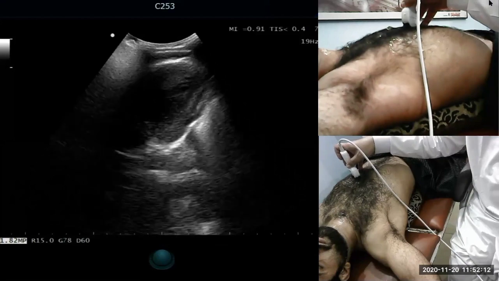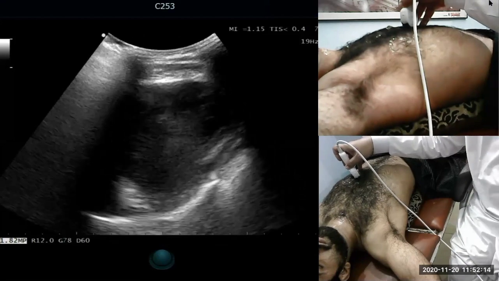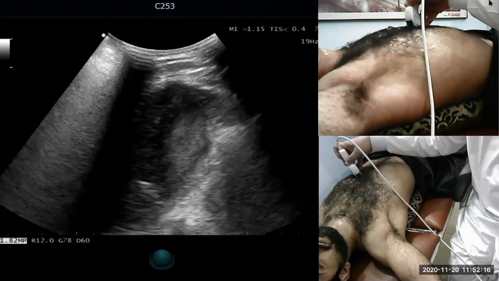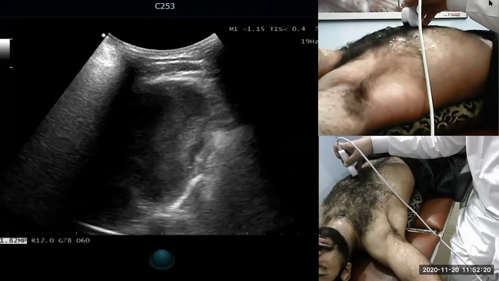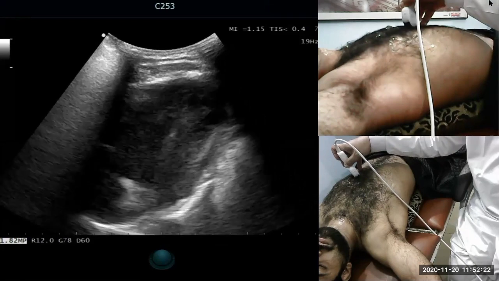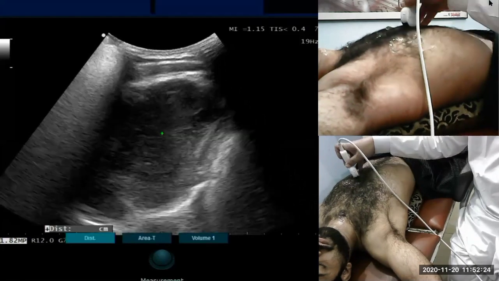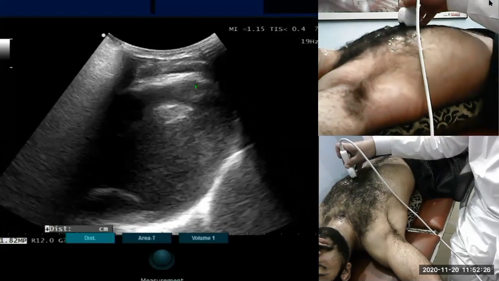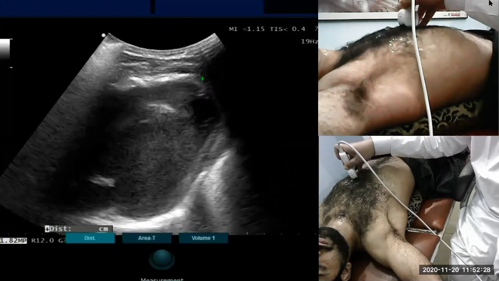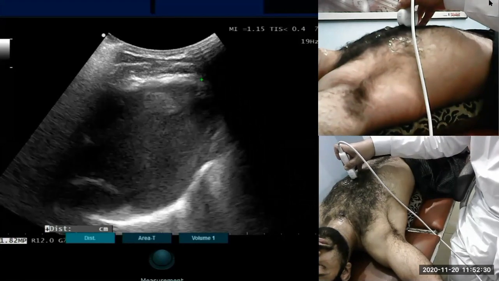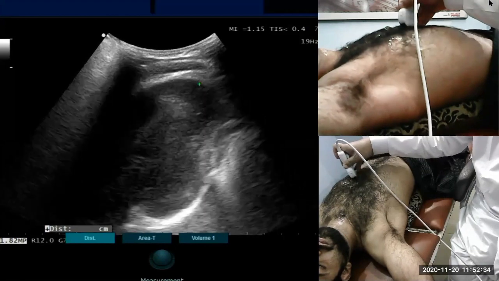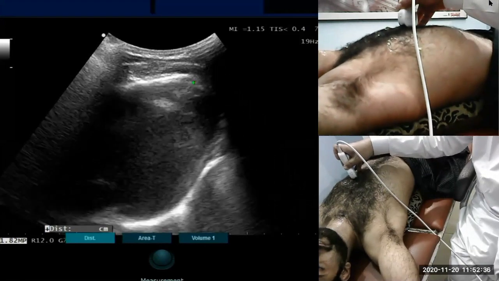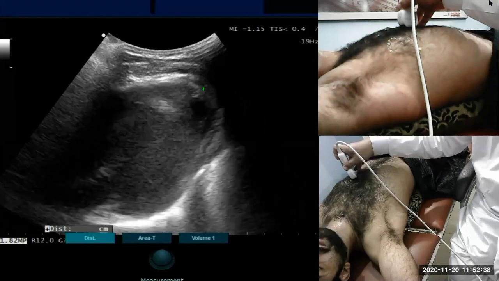I'm enlarging the image for you. So, what we are interested here is to see any pericardial effusion. This much space we always find.